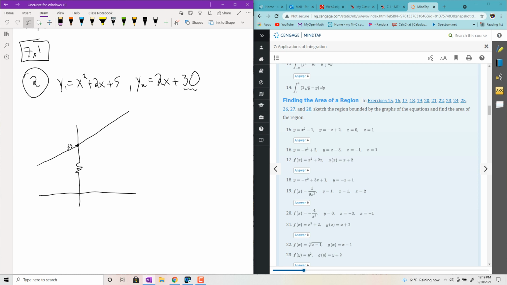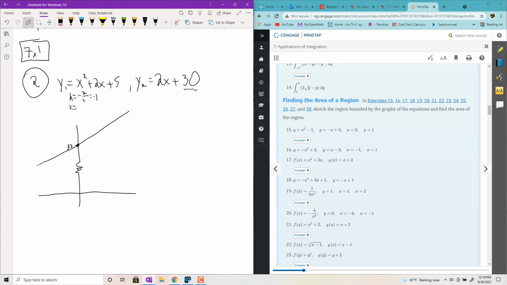The graph of the other guy, and what we're doing in 7.1, if you've forgotten, is finding the area between curves. To get the vertex, you can use the formula negative b over 2a. So for the x coordinate, negative 2 over 2 times 1 is negative 1.